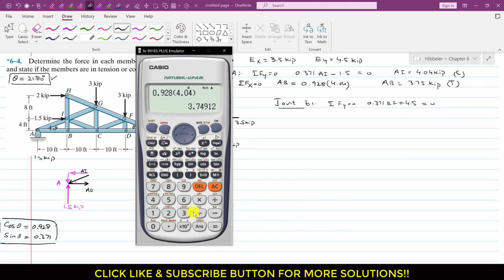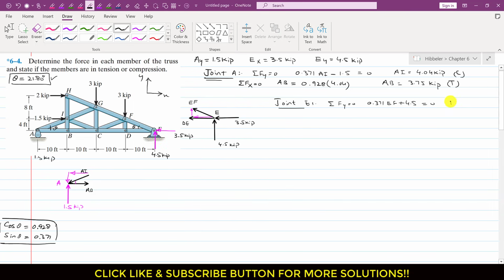So we can write that EF is 12.13, right? So I will write that EF is minus 12.13, and since EF is acting away from this joint E, but the sign is negative, this means that this is acting in the opposite direction. So this means that EF force is compressive force, right? So this EF force is compressive force, right?